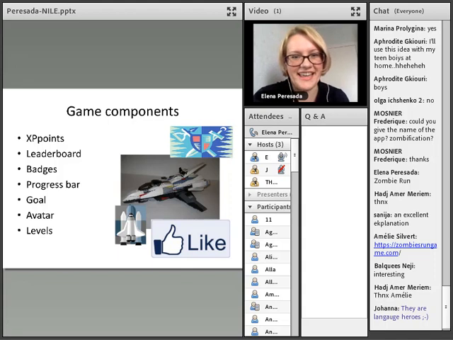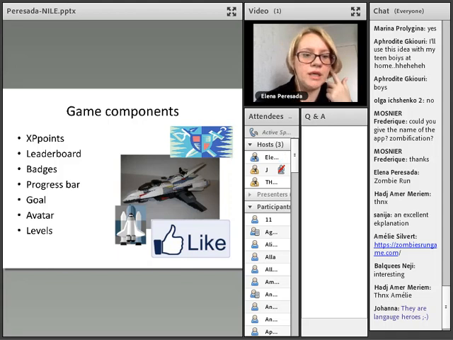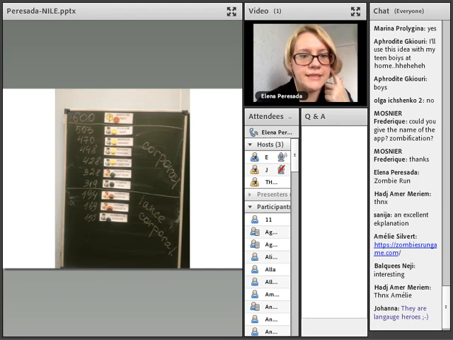Language heroes. And so we created these small pieces of cardboard and put a picture of a spaceship, and we started giving our students these cardboards for correct answers and for homework which was done. And we also created a leaderboard.